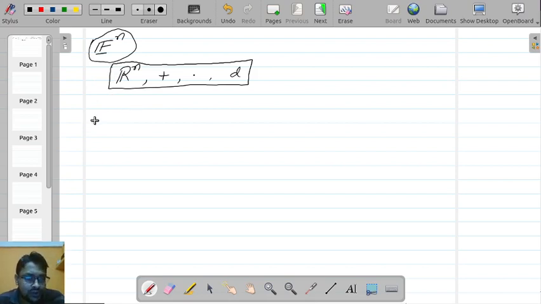For the time being, let us start with a very simple example. Let us consider E square only, or R2.